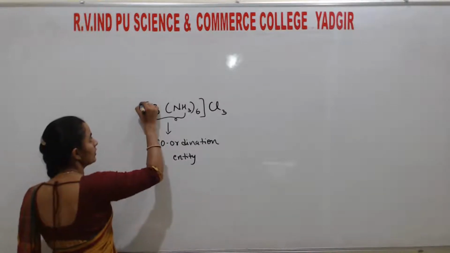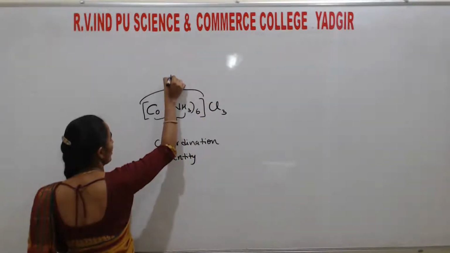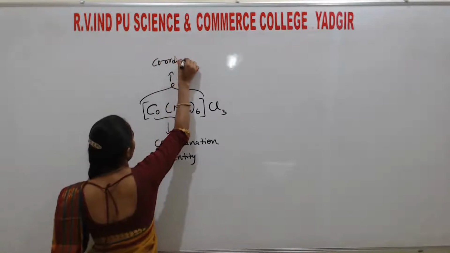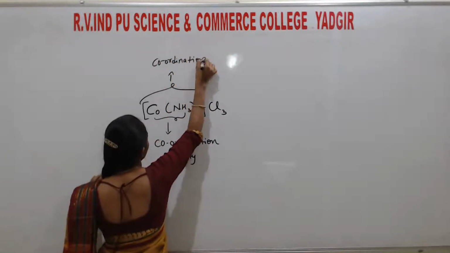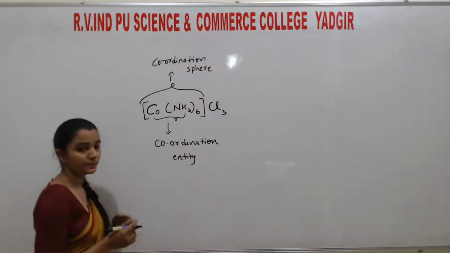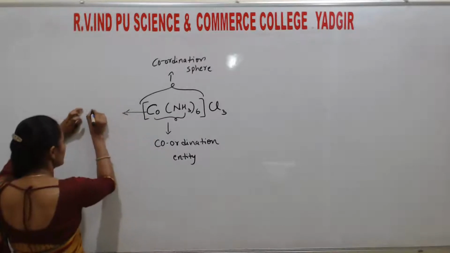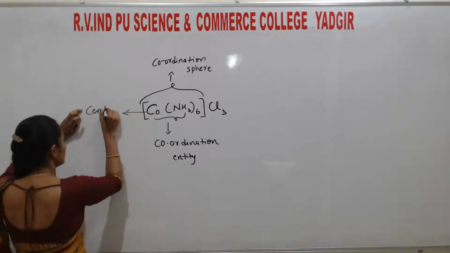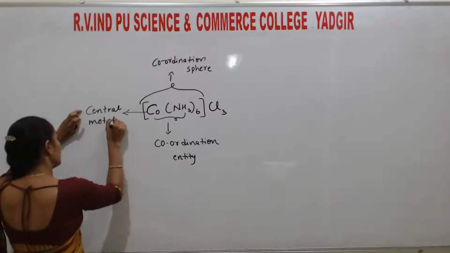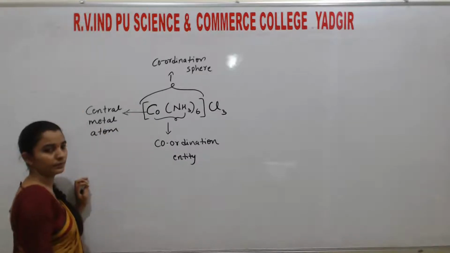This one completely with the square bracket is called as coordination sphere. So this cobalt is the central metal atom.